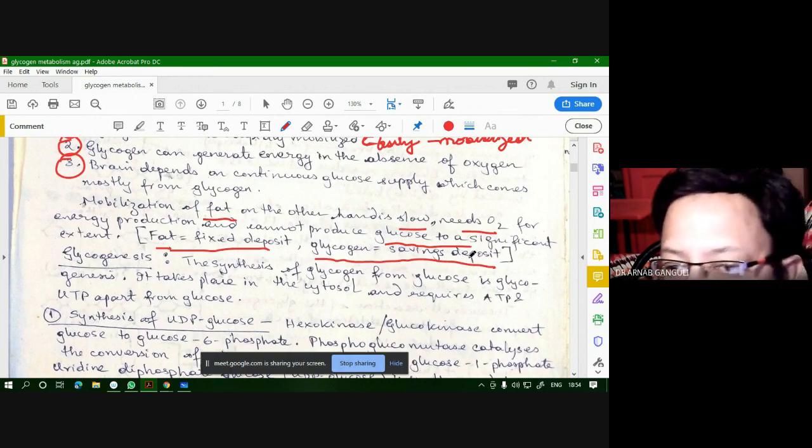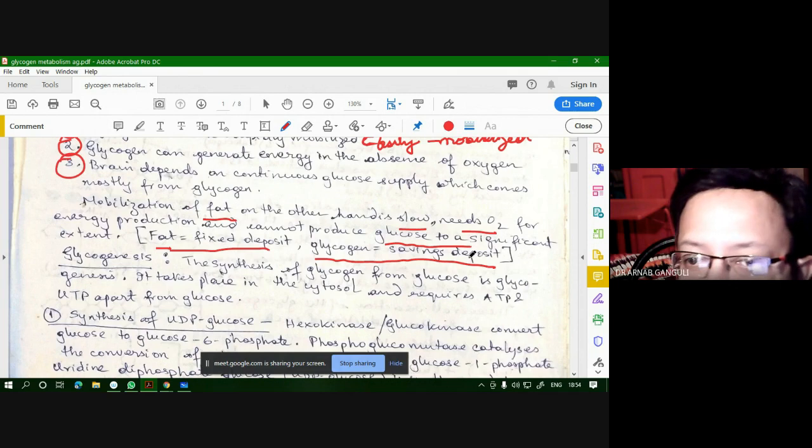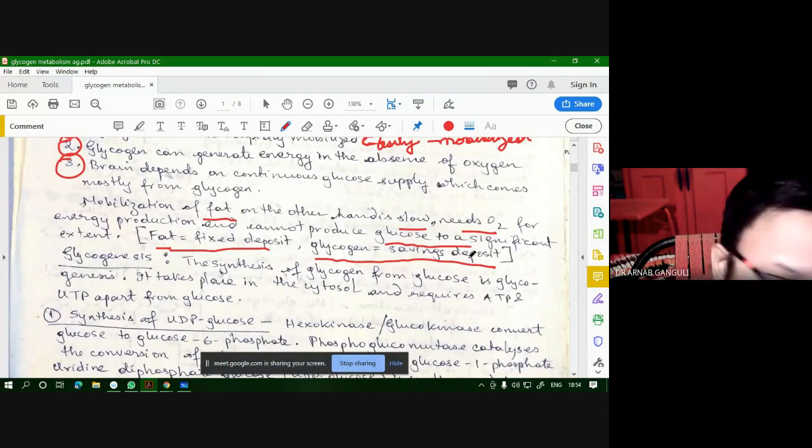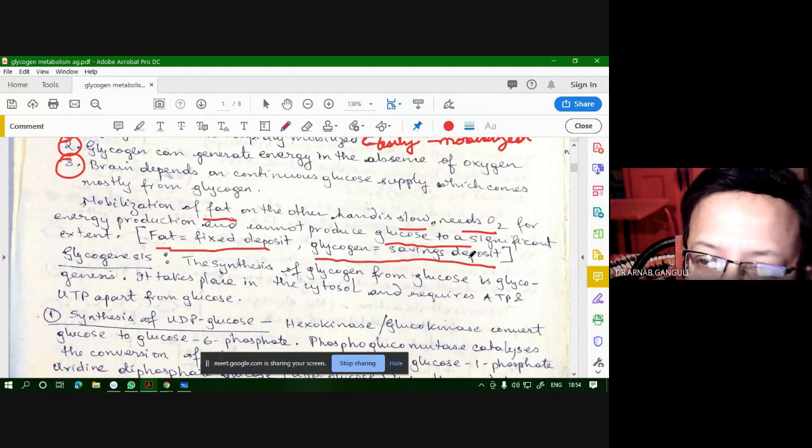In a savings deposit, you need 200 rupees now, you go to the bank, take it out, and use it for your work.